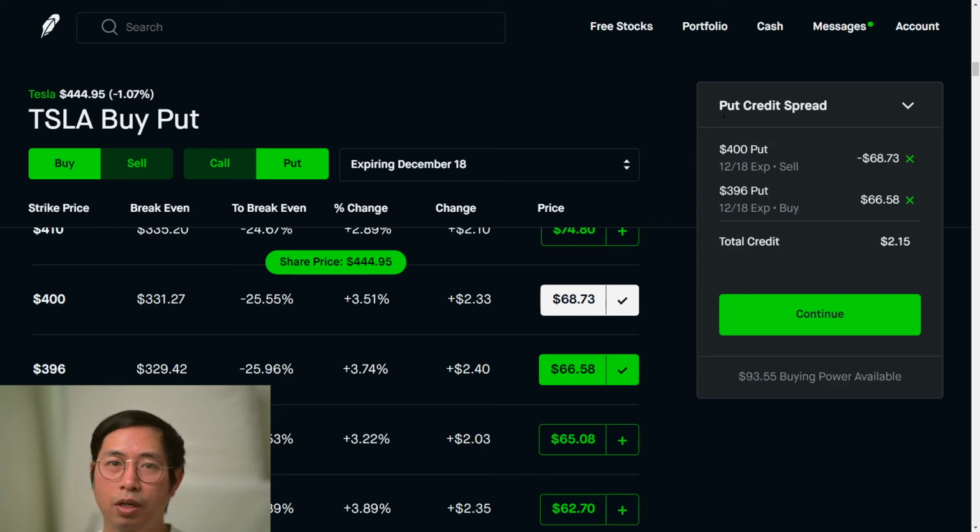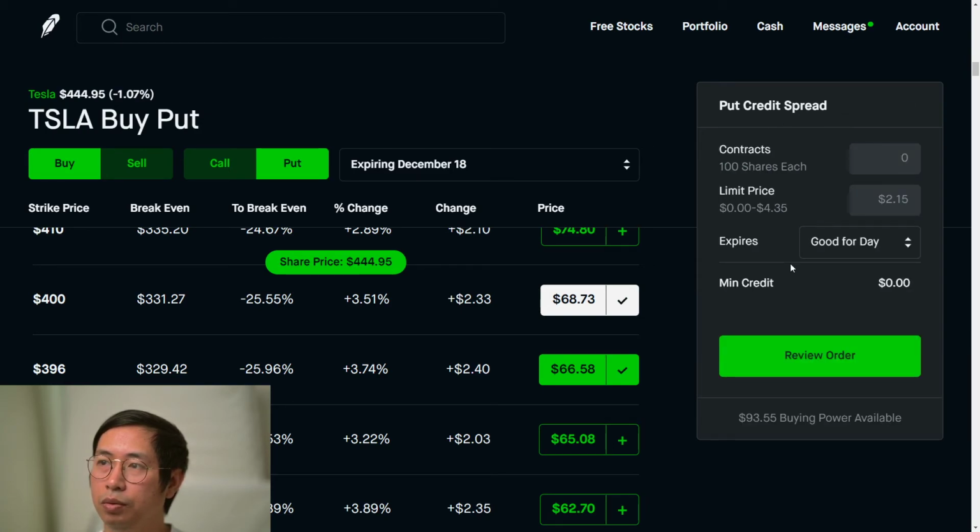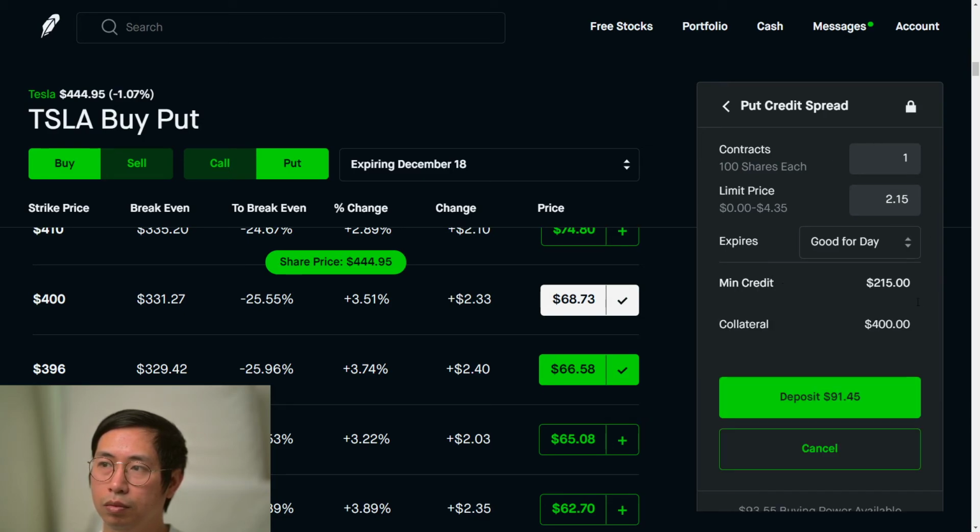As you can see, Robinhood knows that we're doing a put credit spread. Continue. Contract, just one. Limit price, we'll put $215. Review order. And there we go.